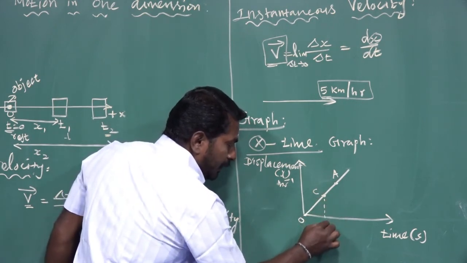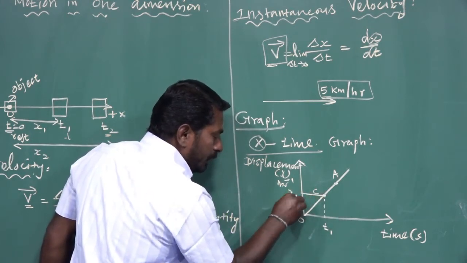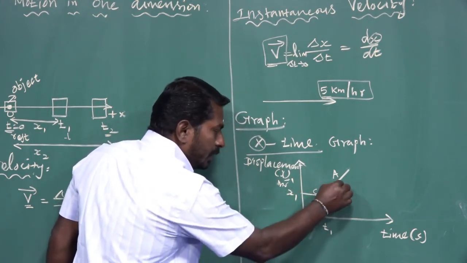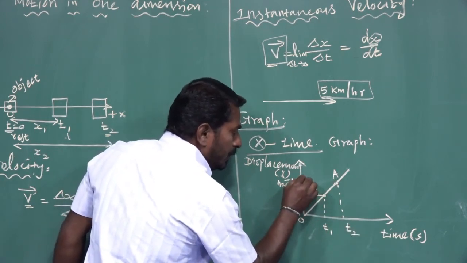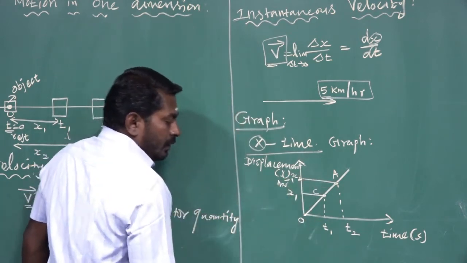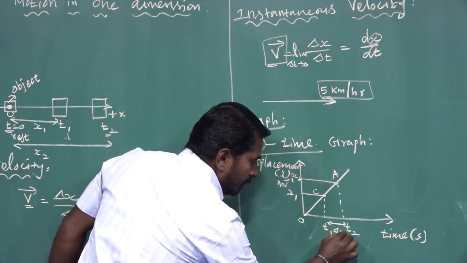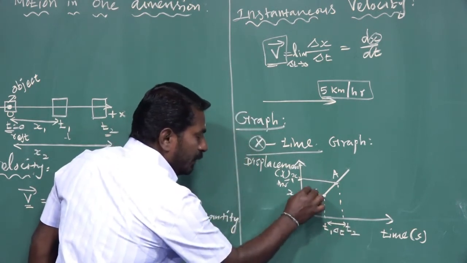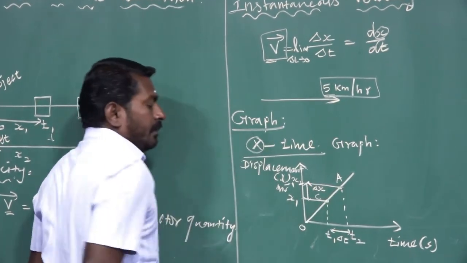At the instant of time t1, the displacement of your body is x1. During its motion, at the instant of time t2, the displacement is x2. The difference in time interval is del t, and the difference in displacement is del x.